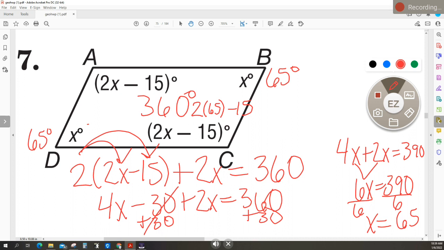So what would 2 times 60 be? Well, what's 2 times 6? 12. So 2 times 60 is 120, right? And then what's 2 times 5? 10. So 120 and 10 is, what's 120 plus 10? 130 minus 15. 115.